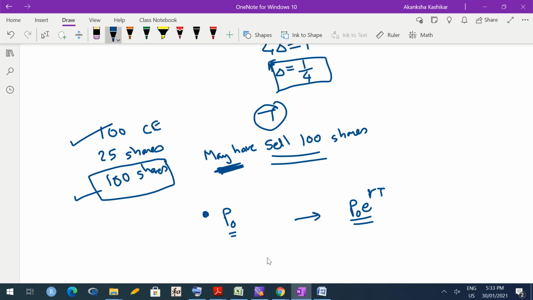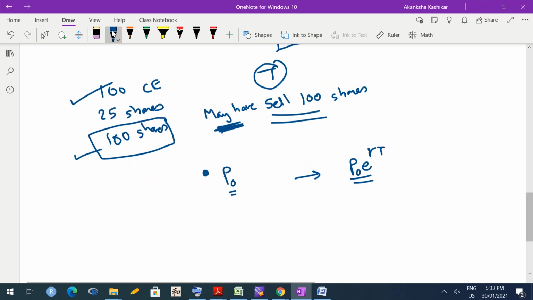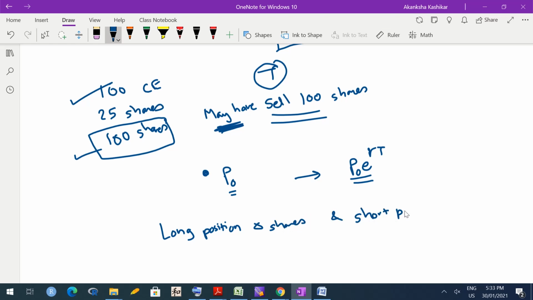So what is the portfolio worth at time 0? At time 0, we said that we have long position in delta shares and short position in one call option. This is what my portfolio consists of.